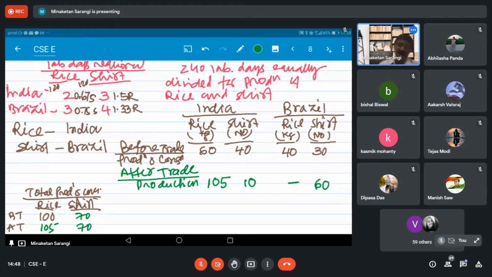What will be the rate of exchange between the rice and sat?